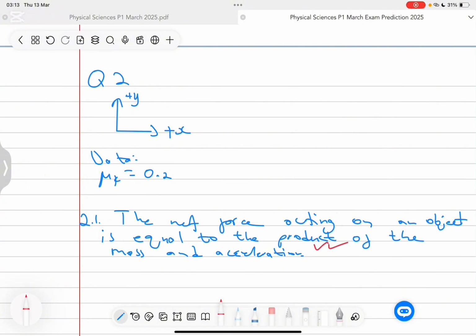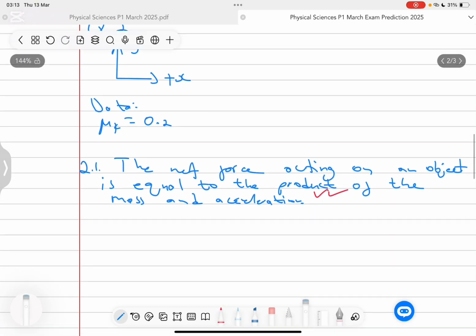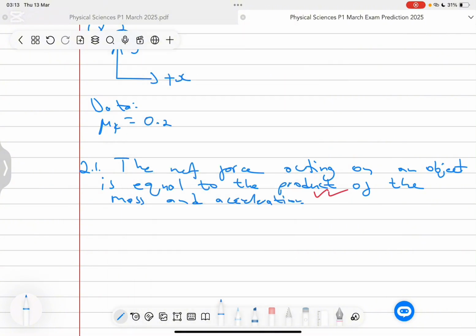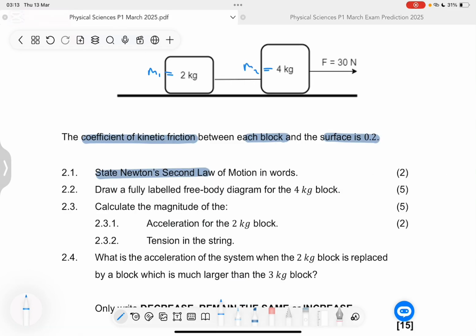Another way of stating Newton's second law is to say that the net force is the same as the rate of change of momentum, that is the momentum version. All of those statements, when stated in that way, will give you the 2 marks. I just happen to like stating this one so that it reminds me that I'm going to use it when I solve problems in this question. So that's the 2 marks there.